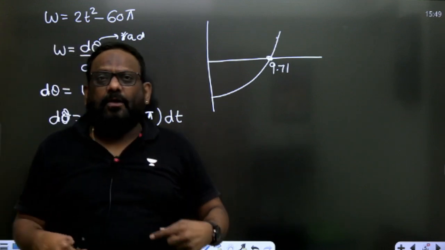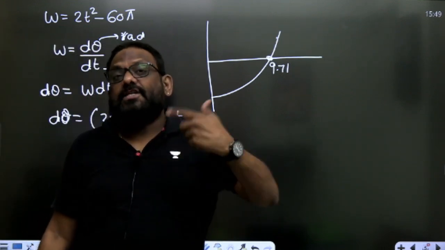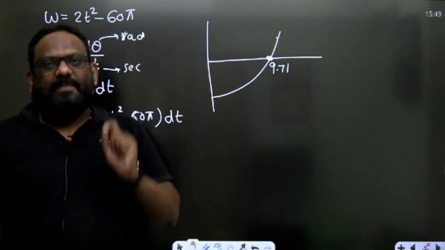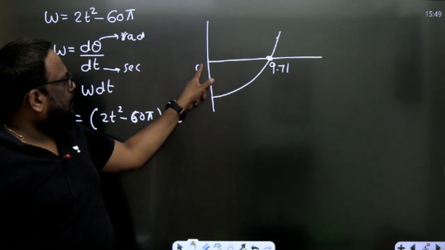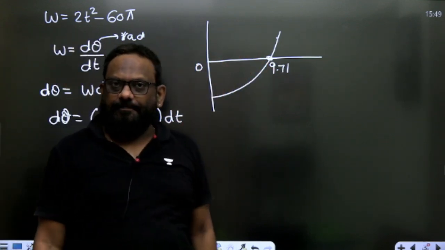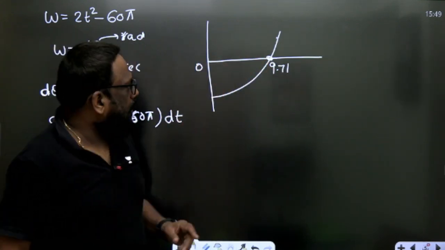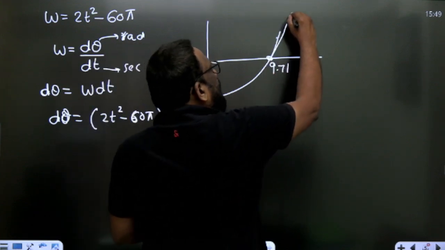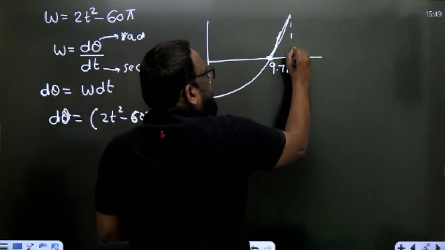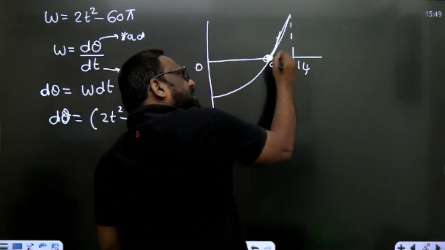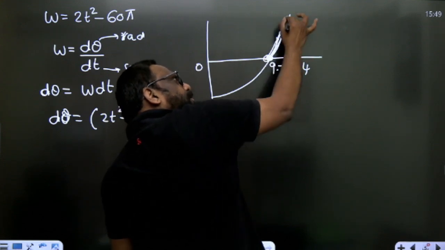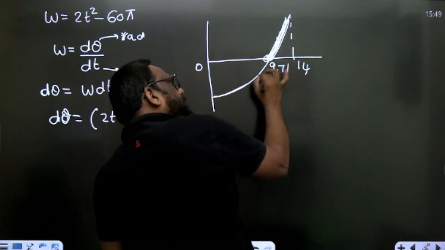I will try to find out how many clockwise rotations it is making from time t equal to 0 to 9.71. After that, he has asked in 14 seconds, so I will integrate from 9.71 to 14. This will give me anti-clockwise. This will give me clockwise.